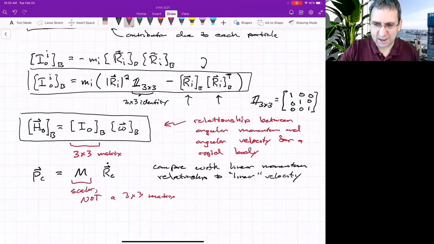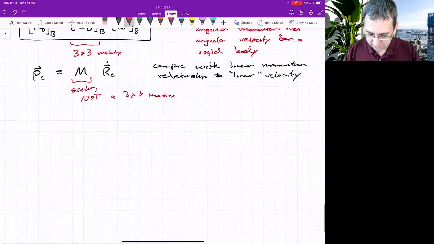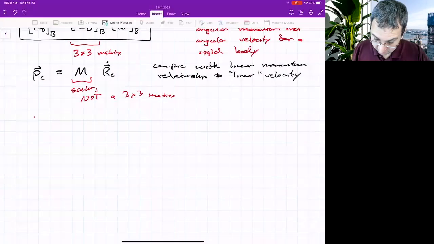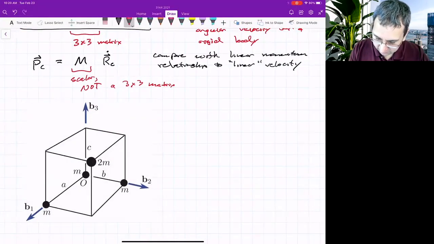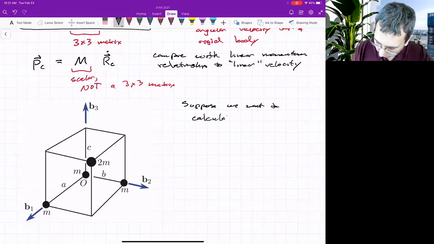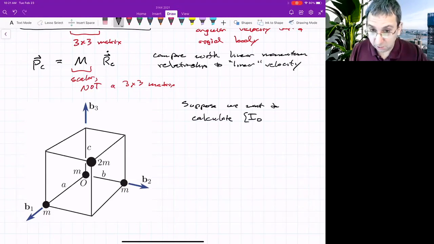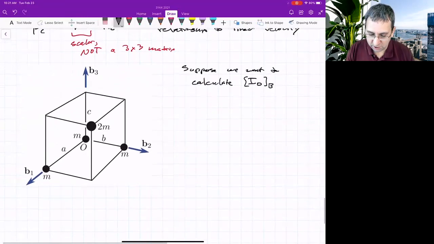If we were to actually start calculating what this was, you might be interested, how would I do this for that system of particles? I'll just bring it up again, with the frame attached. So if we were to actually calculate the moment of inertia matrix with respect to the point O for this system, written in these B-frame components where we've got B1, B2, and B3 as they're shown here, we would start with writing the contribution due to each particle.